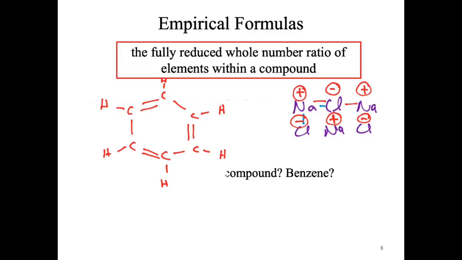So they're both reducing down to the same basic idea, the fully reduced ratio. The question becomes which is more useful? When we're taking a look at our sodium chloride, our fully reduced ratio is NaCl. What is our fully reduced ratio for the benzene?